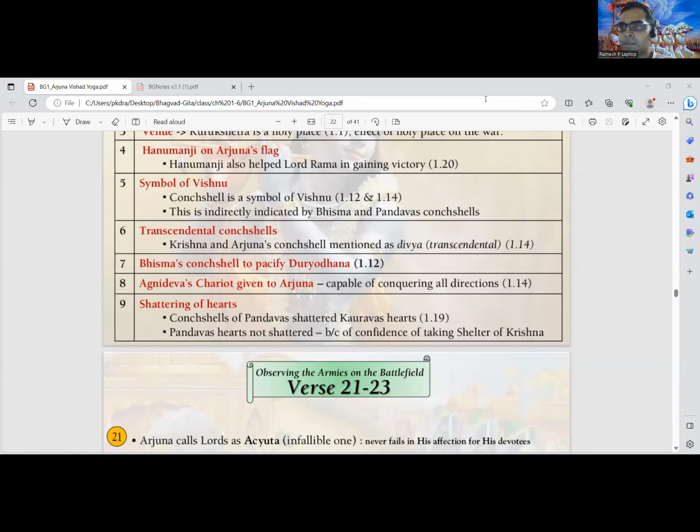What I feel is that here Krishna has taken the role of a charioteer, so he is driving the chariot of Arjuna. Whatever position he takes, it doesn't matter because he's not going to fall from his position of the Supreme Lord. Secondly, he is always there for a devotee. So that's why it is said that Krishna is Achyuta.